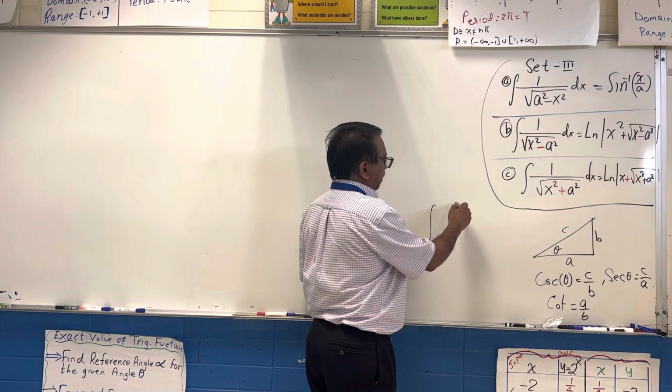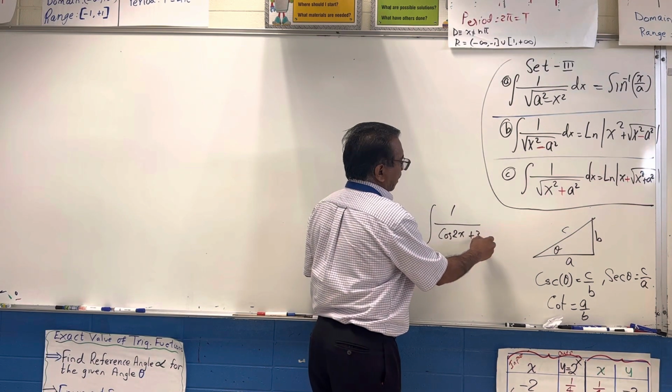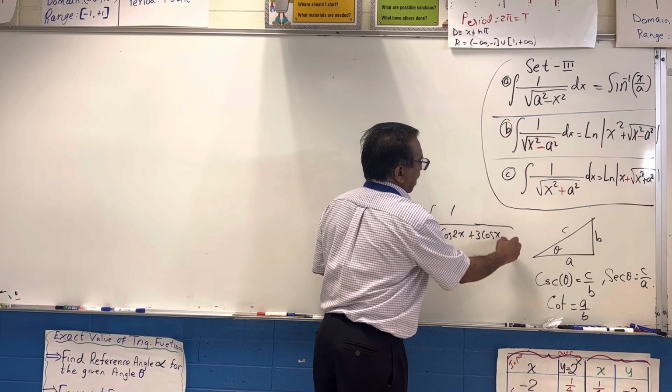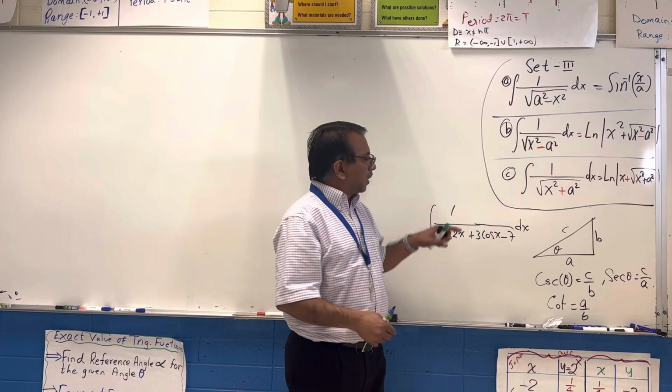If you want to integrate cosine 2x plus 3 cosine of x minus 7 dx, the question is, how do we do the integral of this?